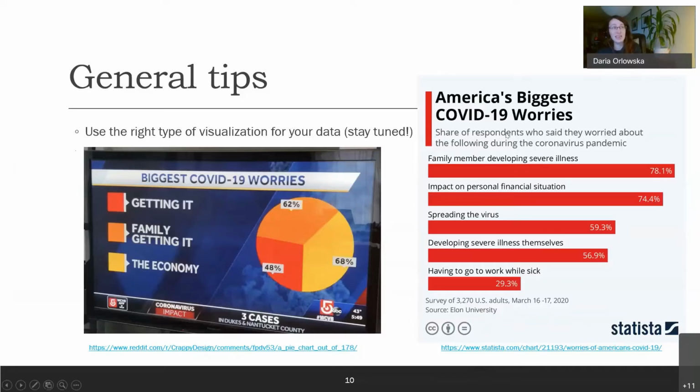In this case, we get a little information, such as America's biggest COVID-19 worries. And we also get the amount of individuals who were surveyed, because it also matters to know how big your sample size was, so that we're not just dealing with someone who talked to 10 people off the street.